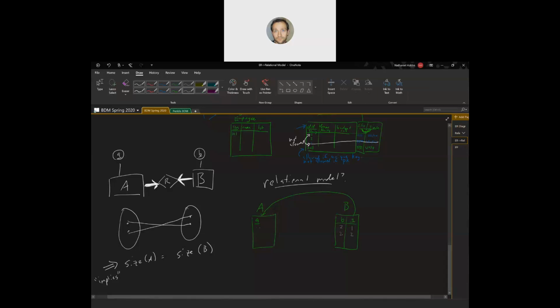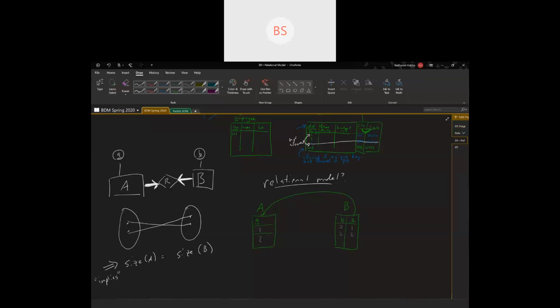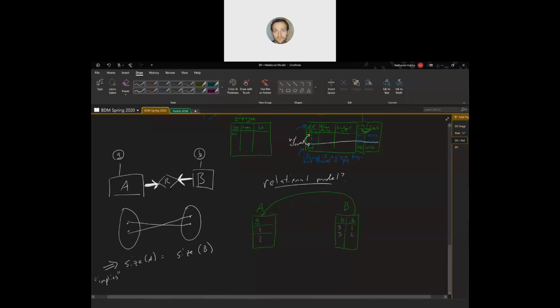And I guess here you'd have one and two. I'm not sure. Yeah. So this wouldn't violate anything. Thank you, Brian. Yeah, thank you. So this would be allowed in this model because nothing is violated.